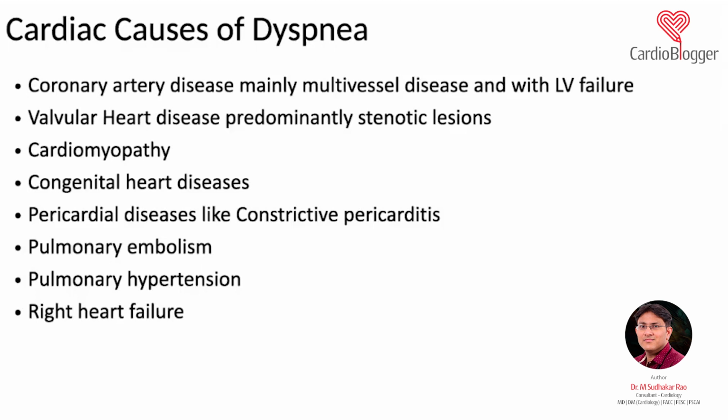Because all the blood from the LV is going to the LA. So the effective forward cardiac output, the word is effective forward cardiac output, is reduced in mitral regurgitation, and so they have fatigue as the predominant symptom. Whereas in aortic regurgitation, because the heart is very big and there is so much regurgitant volume coming, palpitation is the predominant symptom.